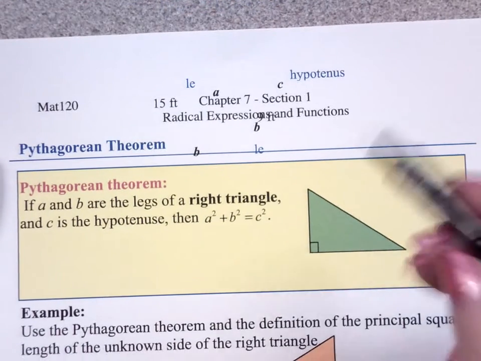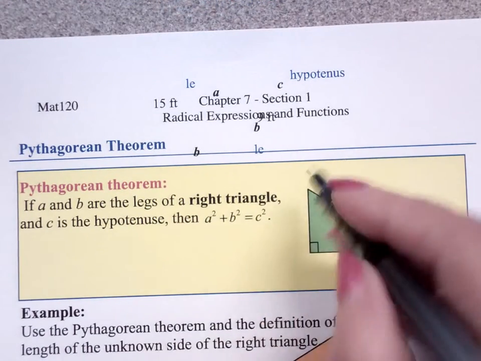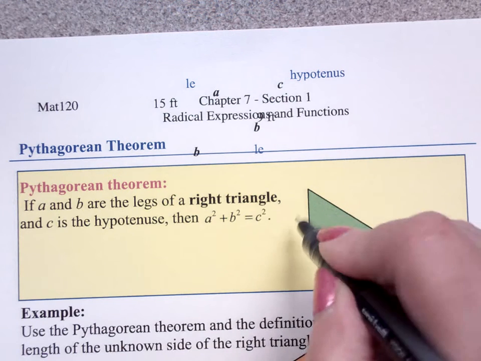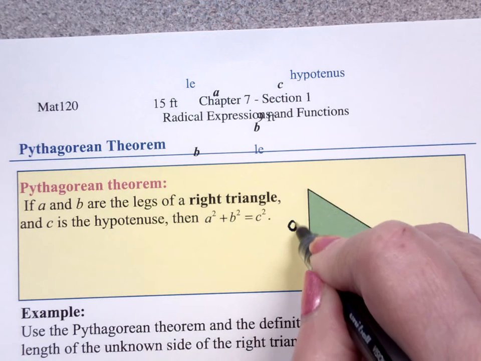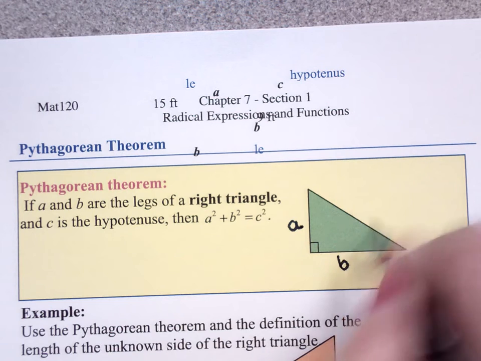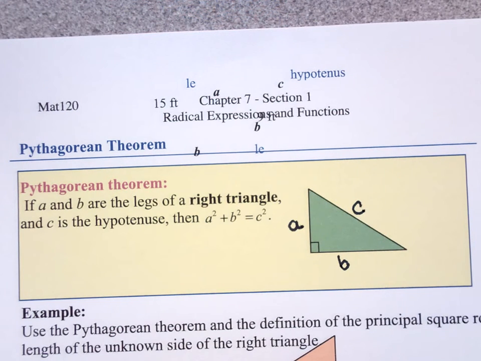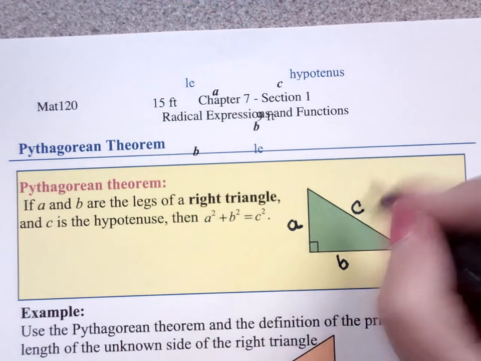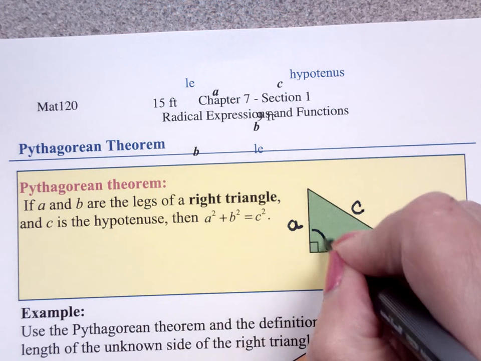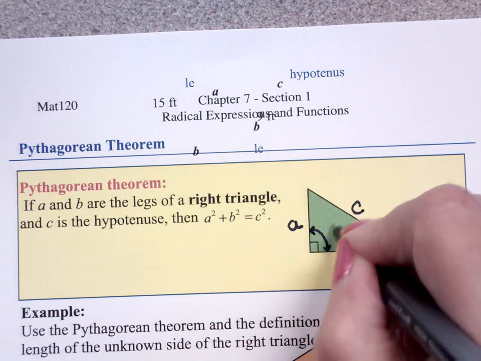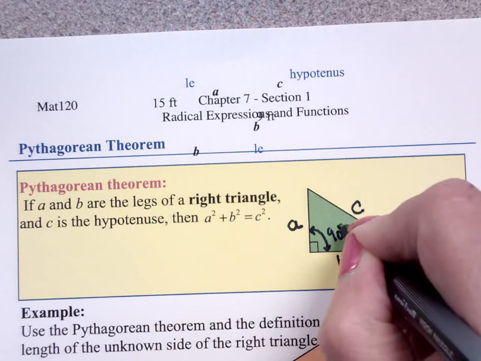We are looking at a right triangle that has three sides. They're called legs. So this would be A, this would be B, this would be C. And we're looking at the angle here being 90 degrees.